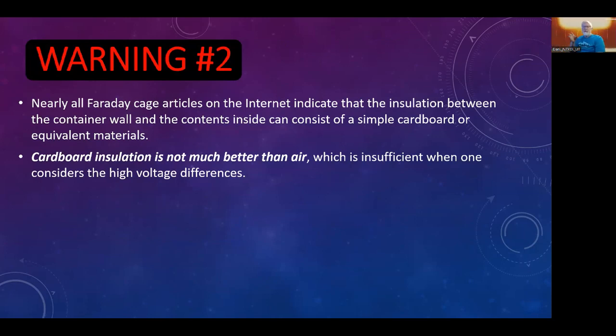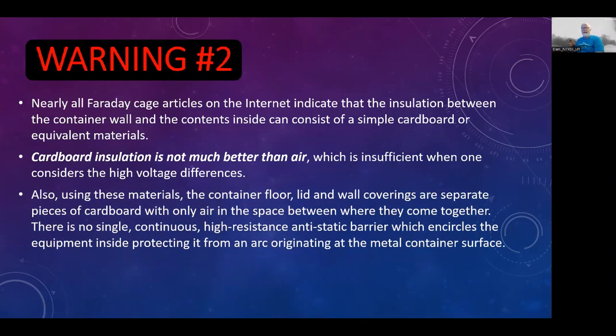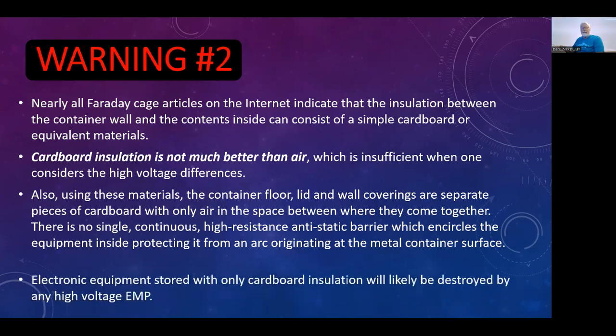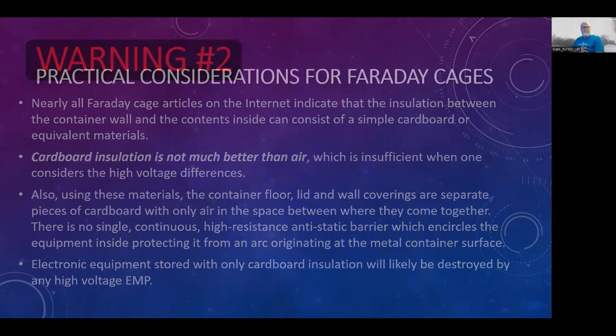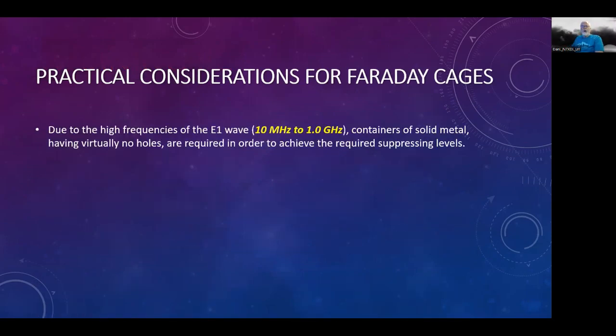You do not want that to go inside or arc inside of the container. And so you have to have a physical space between the two, plus the addition of very good anti-static bags.